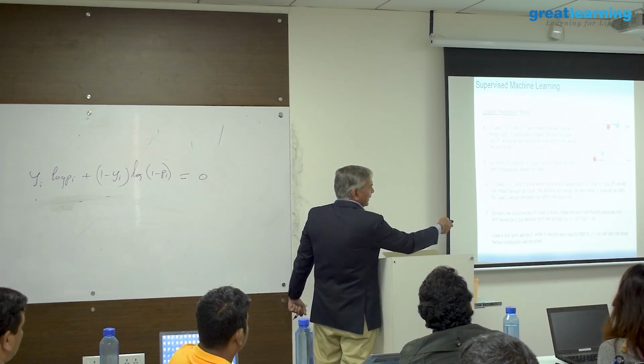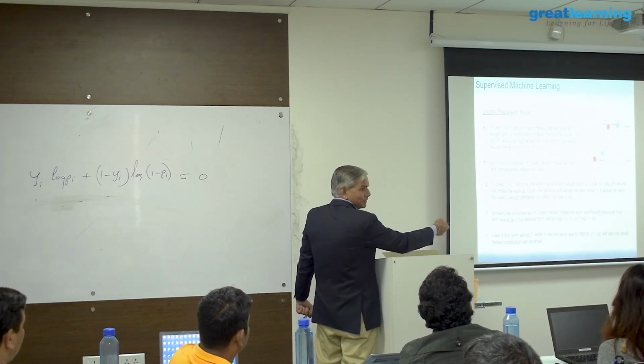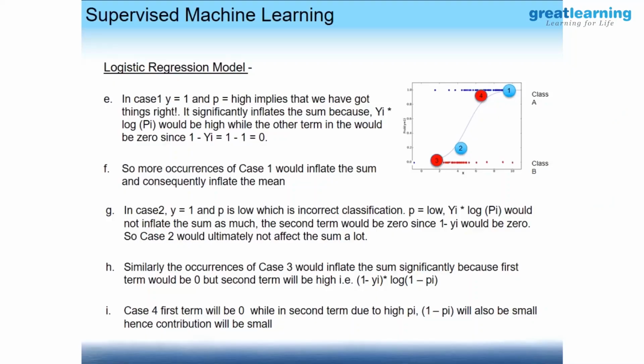Which means the model is predicting that he belongs to the red class. Anything below 0.5 is very low. So the model is predicting that this guy is going to be red, but actually he is blue.